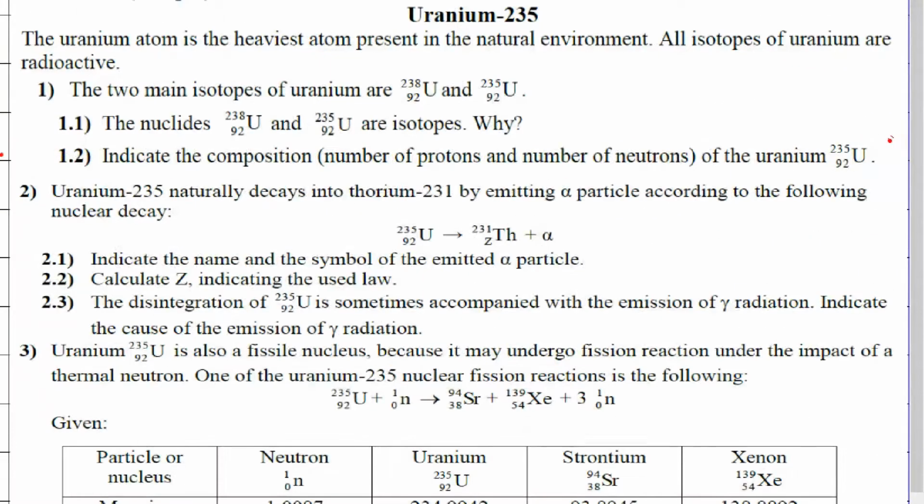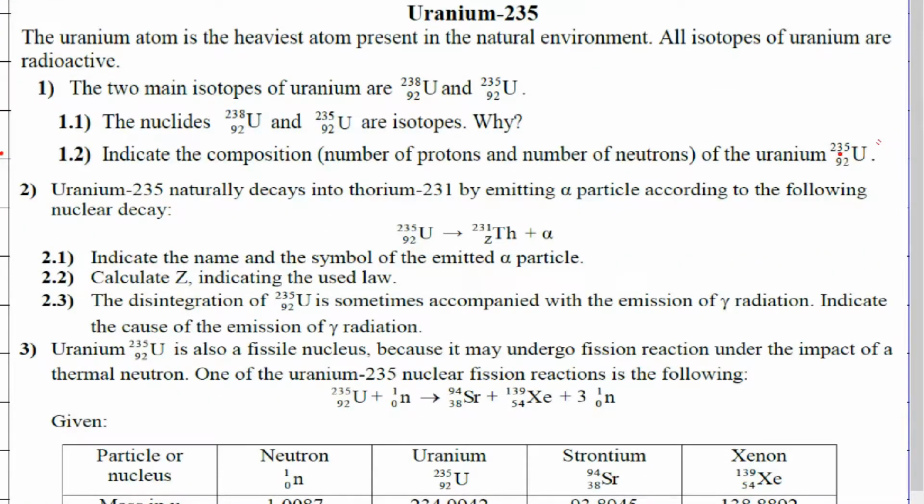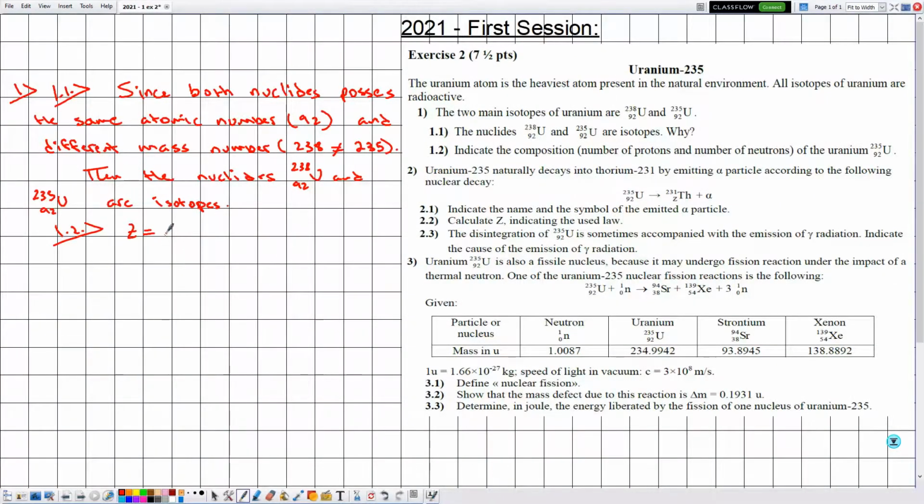Now in 1.2 they are telling us to indicate the composition of the uranium-235, and by the composition it means the number of protons and the number of neutrons, and this can be determined by referring to A and Z. So we know that Z for the lighter nucleus compared to 238, so Z, which is 92, represents the number of protons, and this is equal to 92.